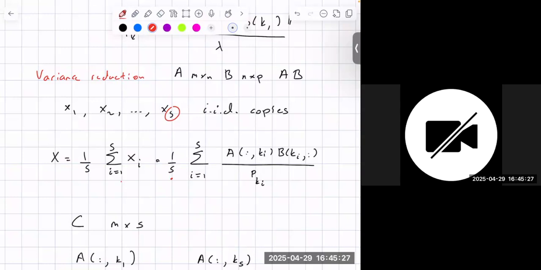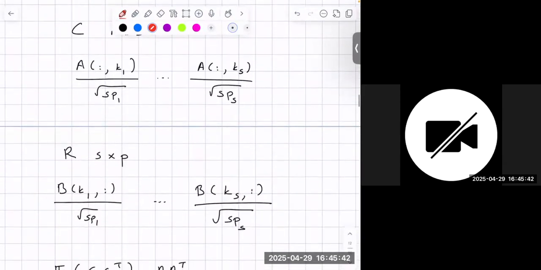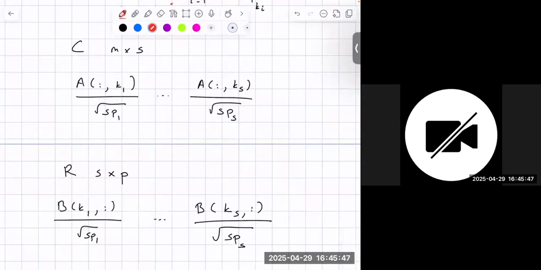Yeah. And in the end, how this is going to look like when you do this, you're going to pick S columns, essentially, in your operation from your first matrix A, S columns from your second matrix B, and then what do I know about this stuff? They are picked randomly.